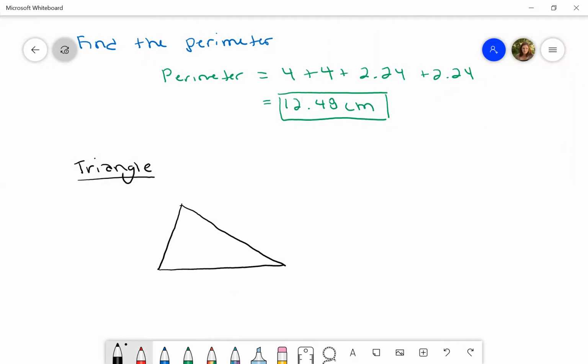A triangle can be kind of thought of as a half of a parallelogram, right? You can kind of imagine there being a parallelogram here, right? So the area of a triangle is literally half the area of the parallelogram, which is base times height.